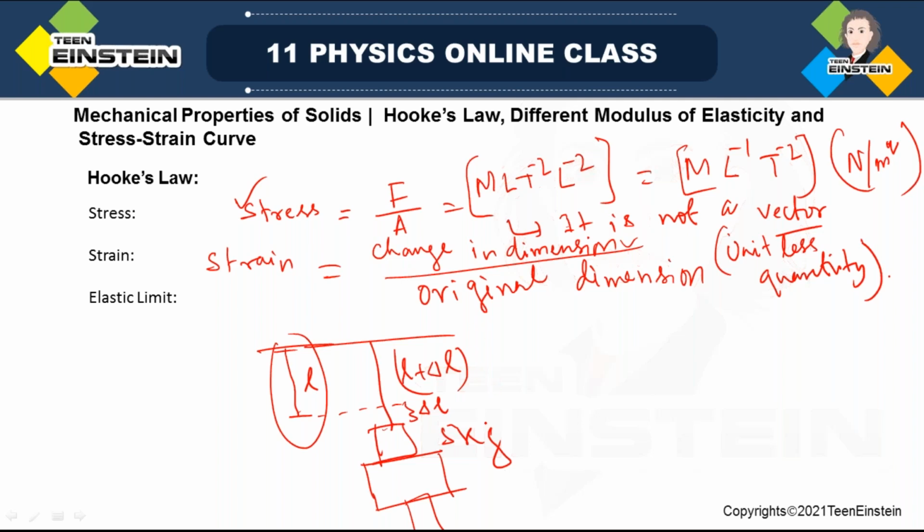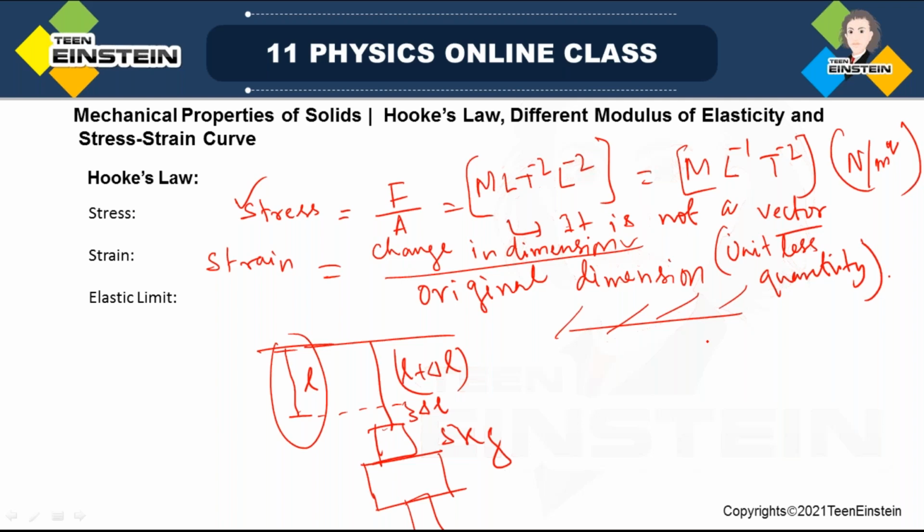So what does this indicate? That any material has a capacity to withstand a certain amount of load, within which whatever load you may suspend and remove, it will regain its original shape and size completely.